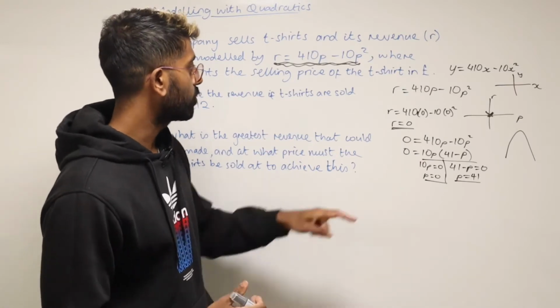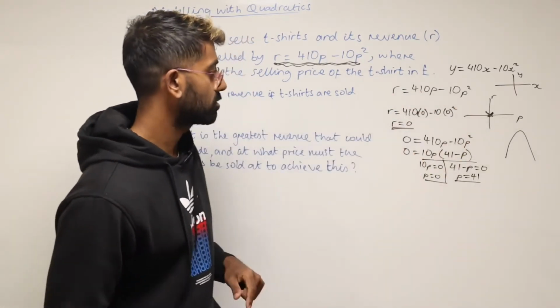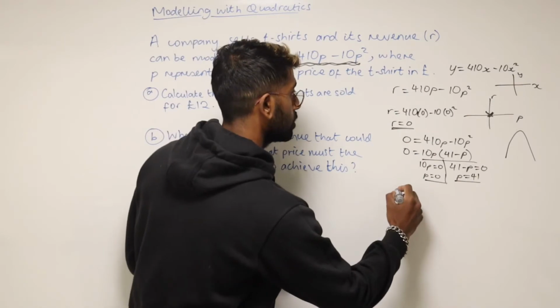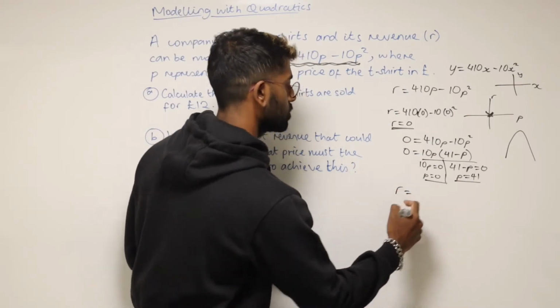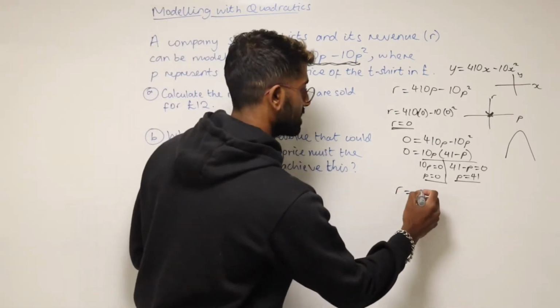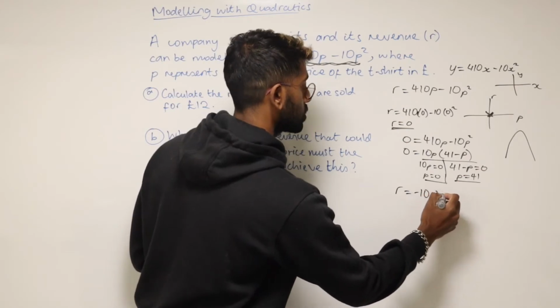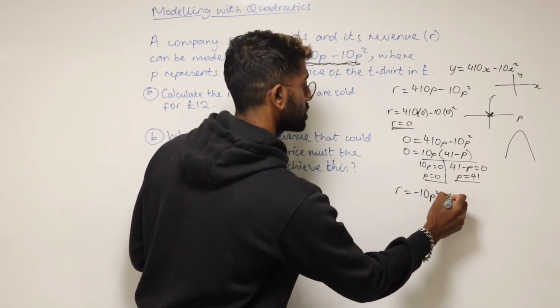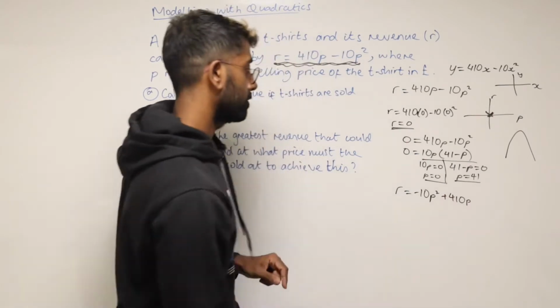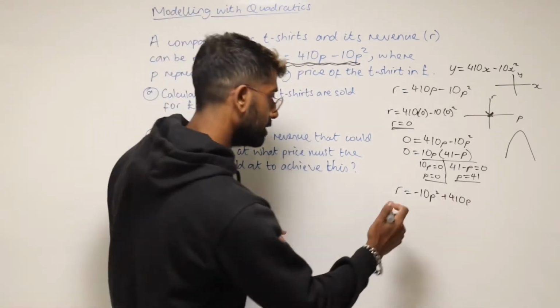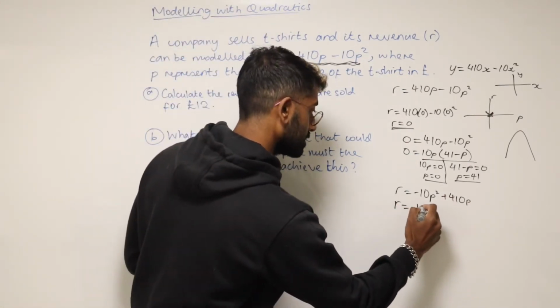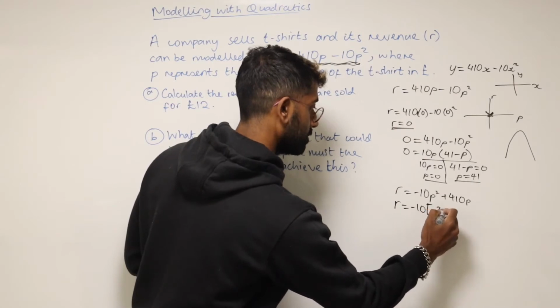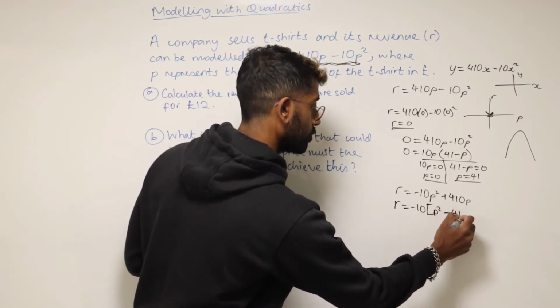To find our turning point, we'll need to complete the square. So let's quickly write this down. R is equal to, let's switch the order again, minus 10p squared plus 410p. To complete the square, first thing we'll do is take out the minus 10. So minus 10, and then p squared minus 41p.